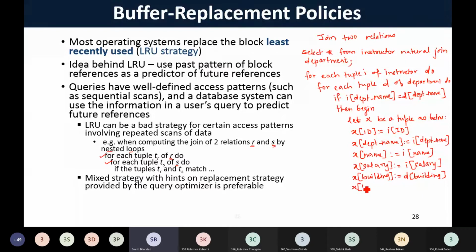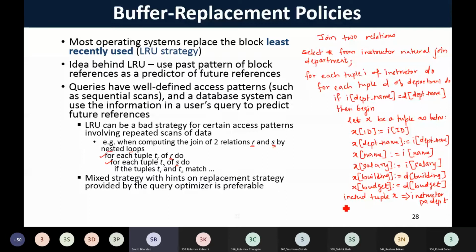X budget is assigned D budget, right? And next what we are going to do, include this tuple X as part of the natural join of instructor and department, right?